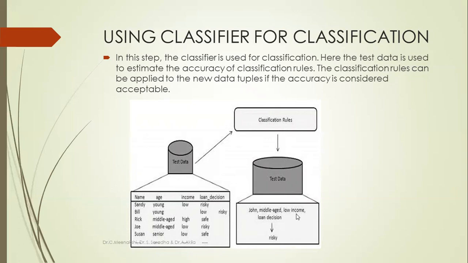So what should be the decision? It should have a classification decision that it is risky to provide the loan. So whether it is providing that it is risky or not, that is measured as the accuracy. So the model which is providing a higher accuracy will be treated as the optimal solution.